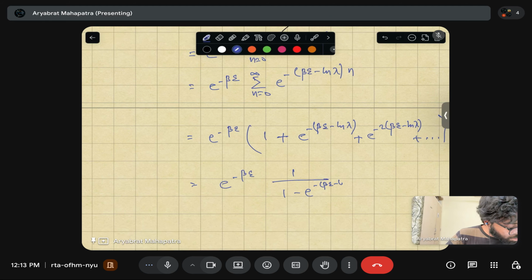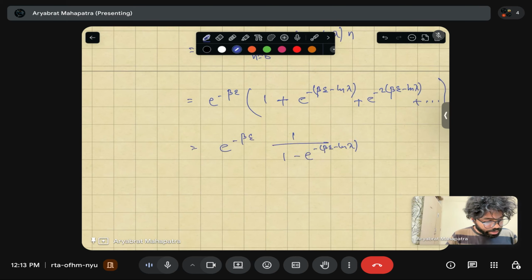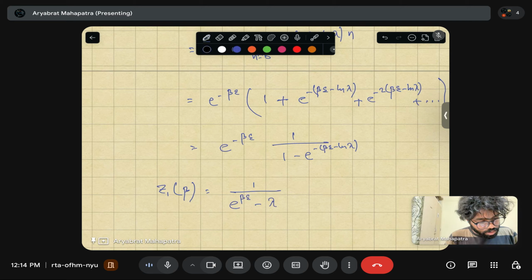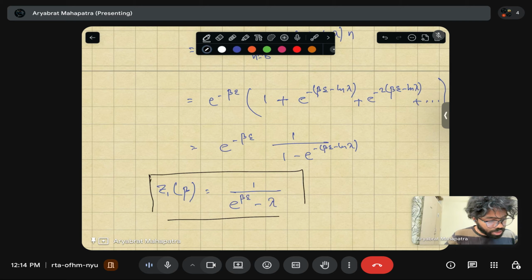So finally it takes the form 1 over, taking a common factor from the denominator, exponential of beta epsilon minus exponential of ln lambda, that is lambda. So this is what you get here.